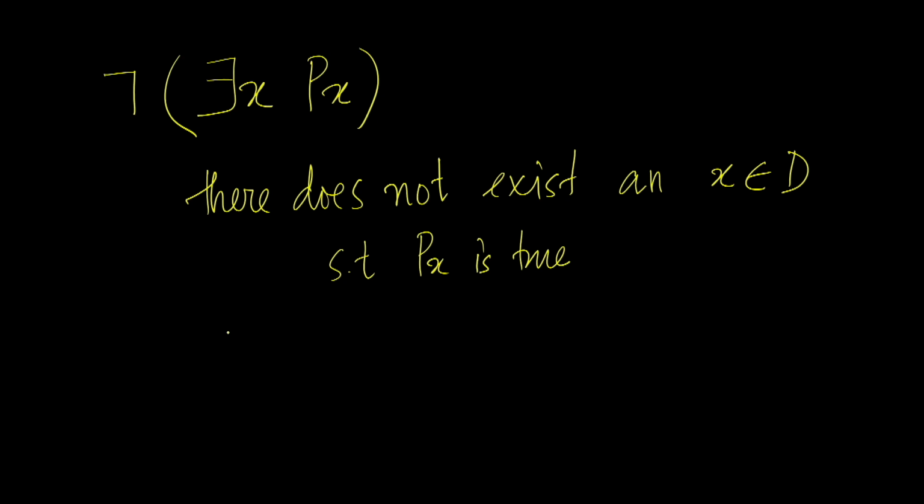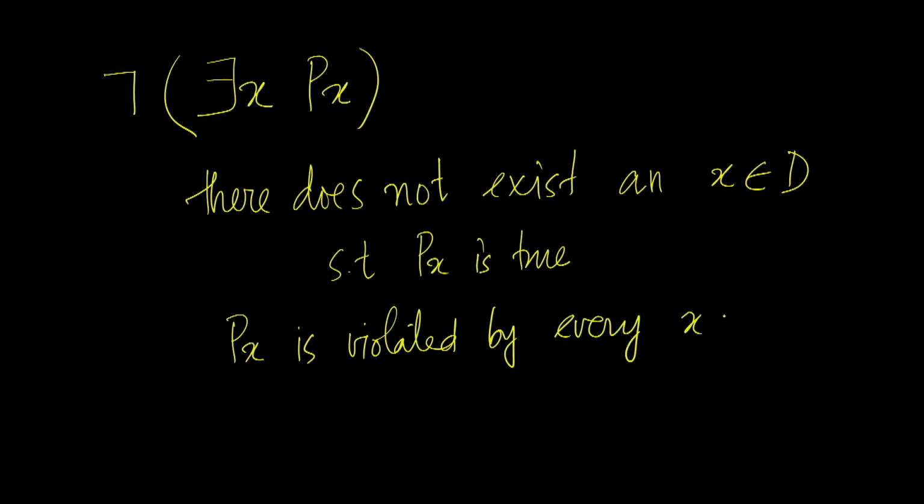Or in other words, if you go to the individual members of D, we will find that P of X is violated by every X in D. Or in other words, for all X, P of X is violated.